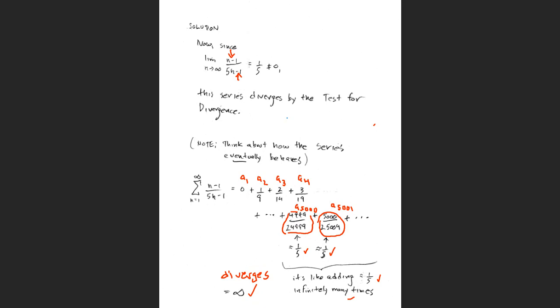It's a series where the terms are approximately equal to a fifth as you move well into the series, and therefore, if you add a fifth an infinite number of times, you're going to get infinity. So it's another type of series, but it's a series that we can say diverges.